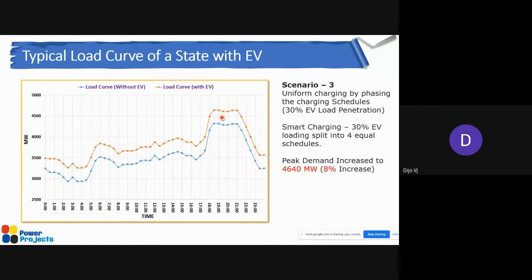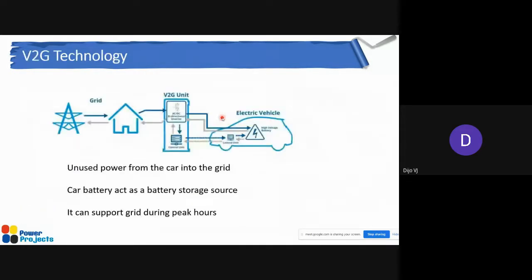Another point is V2G technology, which you might have heard of. Electric vehicles can also act as a battery storage system. It can give power to the system. Probably the batteries inside the electric vehicle can be used during peak hours to give power back to the system.